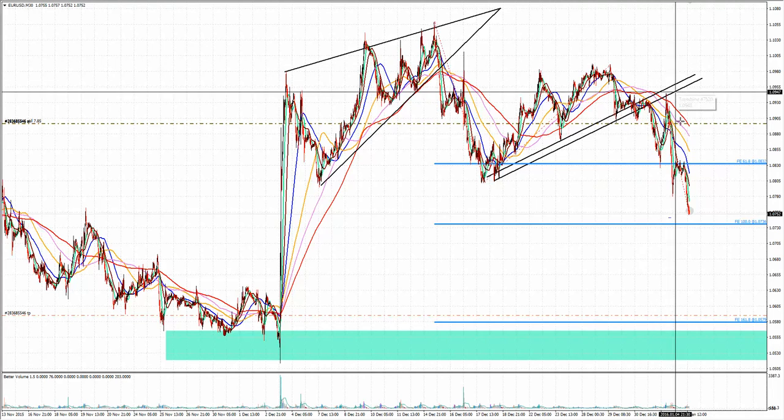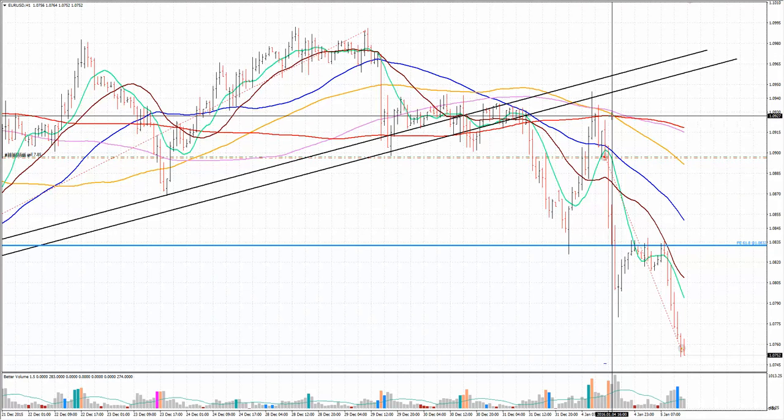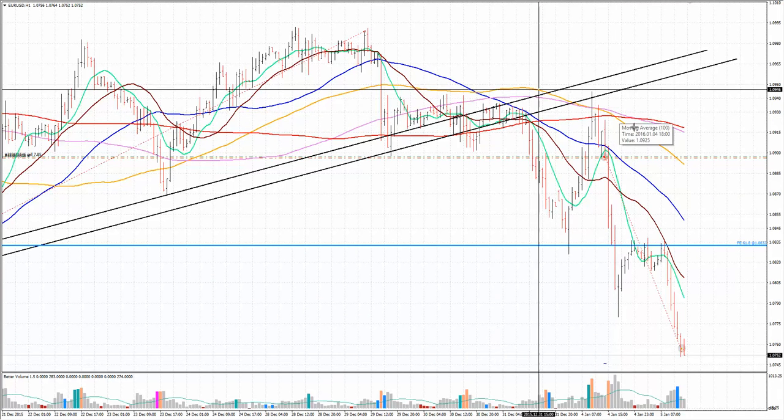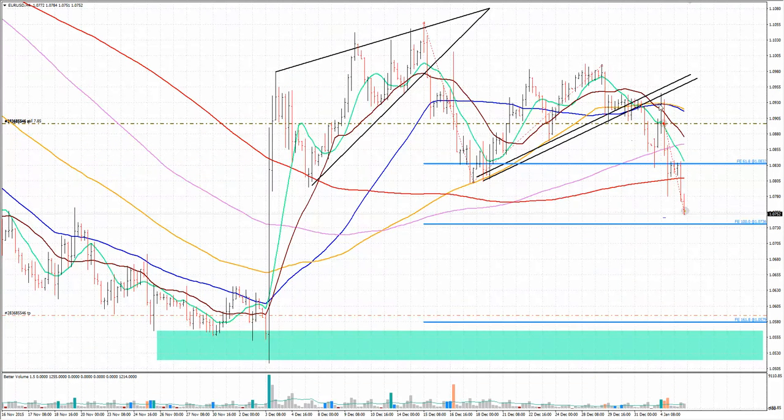So we retested here. As you can see, the MA here is very strong. You can see the 200 MA, 150, very strong downward pressure. I established a position here on the retest of this diagonal, and also that was the 50 and 100 in the same area here, so rejection from that, and I established a position here.